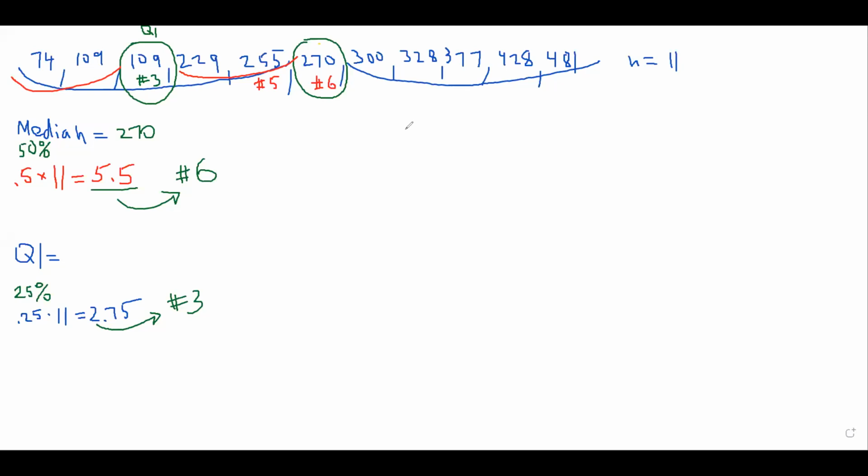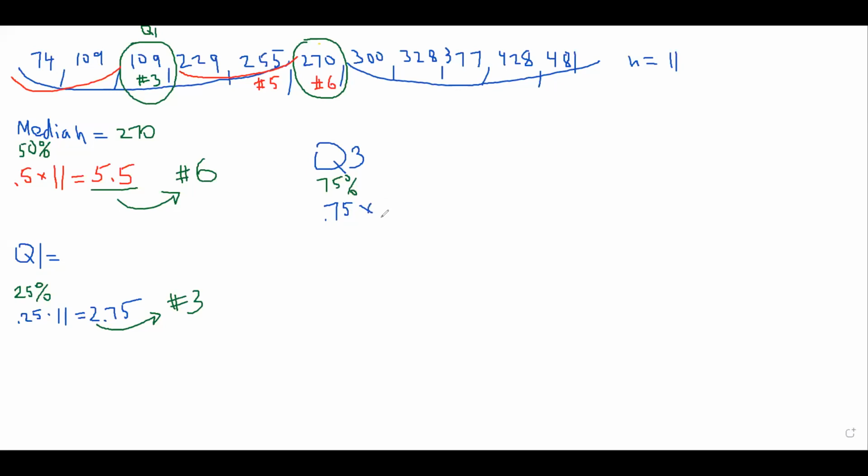Well, analogously, we can find the third quartile, or so-called 75% of the sample elements. So it'll be like 0.75, right? That we need to multiply by the sample size, which is still 11.